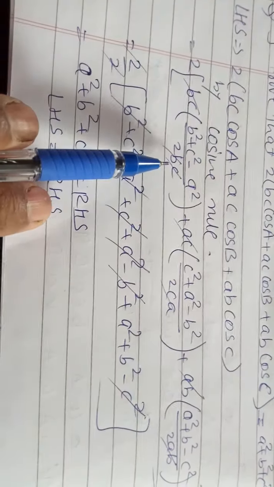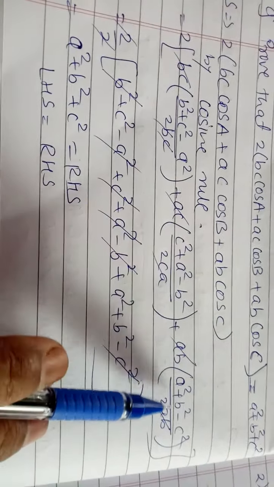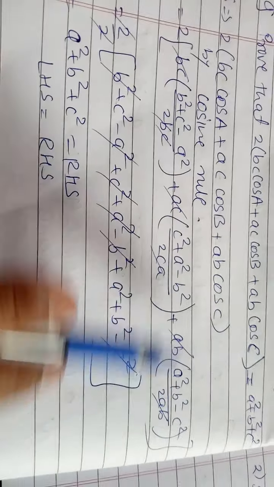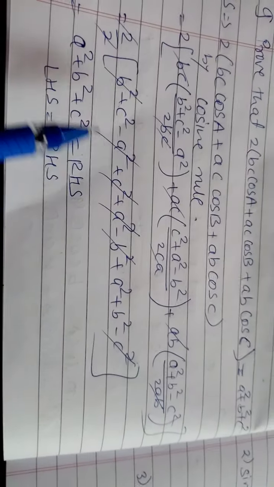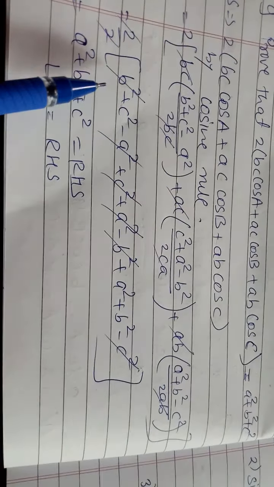Again in each term there is a 2, so we take it outside as common. So 2/2, and the remaining terms are (b² + c² − a²) + (c² + a² − b²) + (a² + b² − c²). Now b² cancels with −b², −a² with a², and c² with −c².